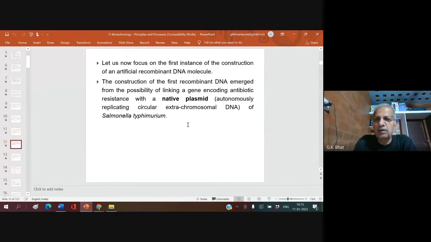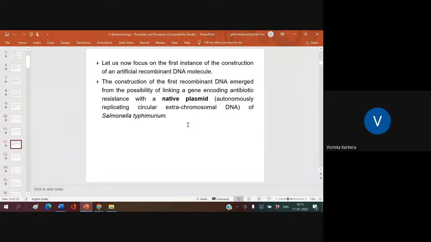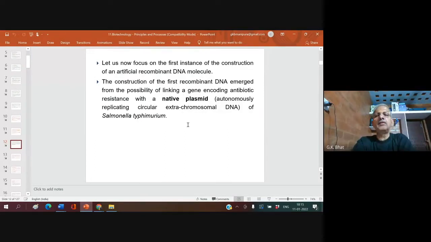Who will recall what is recombinant DNA technology? Desirable genes are isolated, cloned, and then transferred to the target organism. Okay, that is the DNA technology. So the first attempt of that: whatever DNA is required, isolation of that, cloning of that, and adding to the host organism.